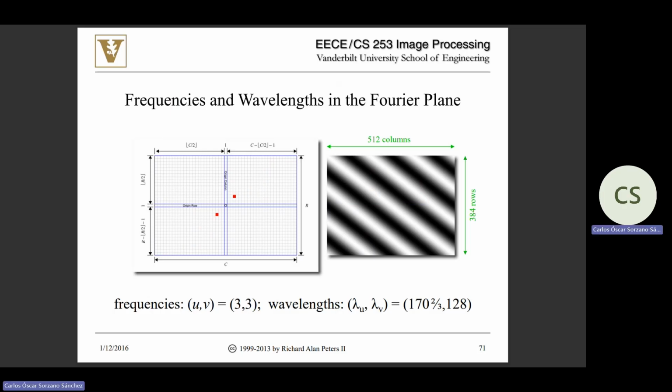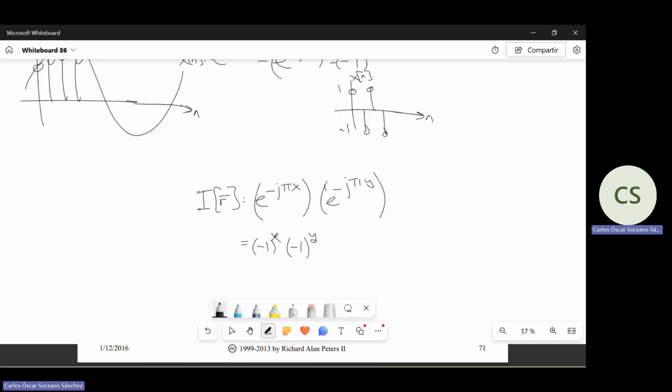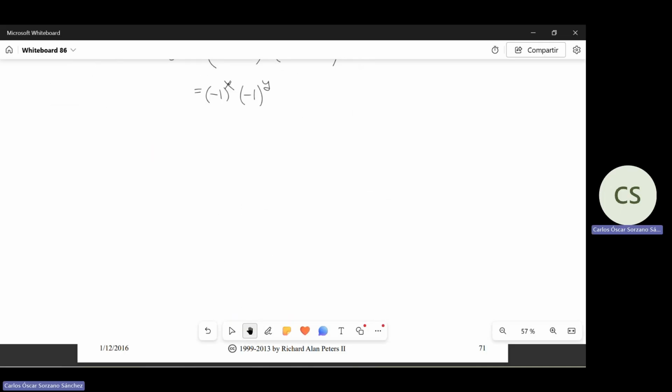Sometimes your wavelength is not an integer number. So that means that you're not fully having 2 exactly equivalent points. Okay, so these 2 maximum, they are not exactly the same. It's like if I have something, let's put a one-dimensional example.